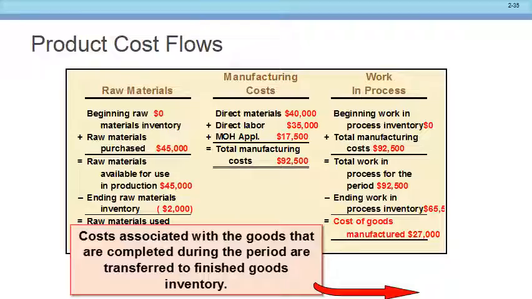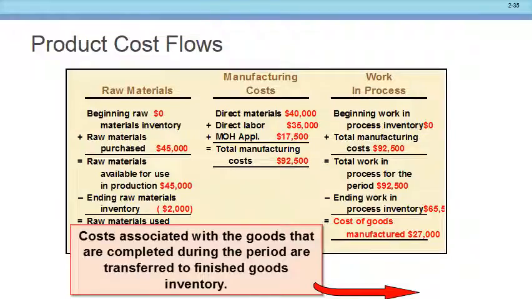Then we stuck in our direct labor. Our manufacturing overhead applied. That gave us our total manufacturing cost, and we have that as our beginning inventory and work in progress plus our total manufacturing cost for the period. That gives us our total work in progress, and then we have our ending work in progress, which this cut the slide off.